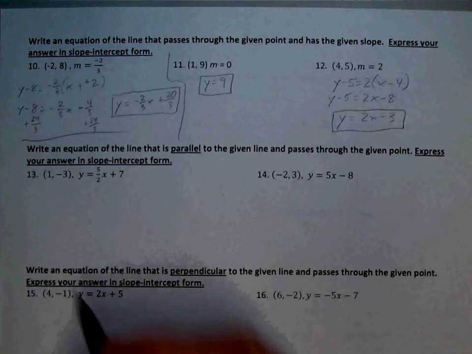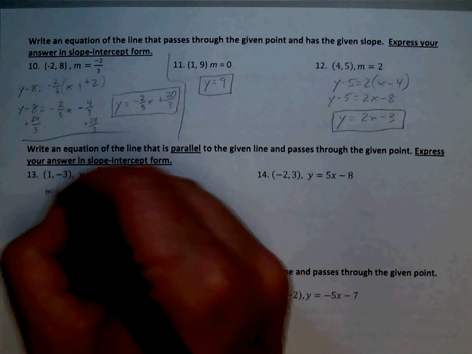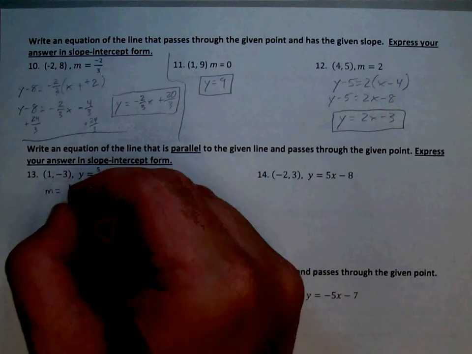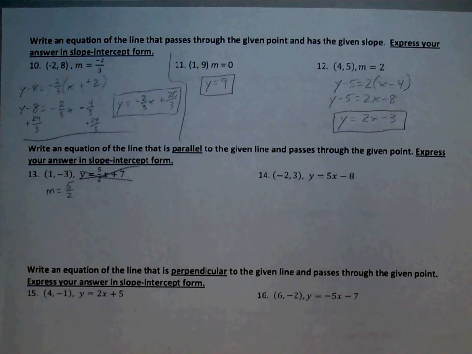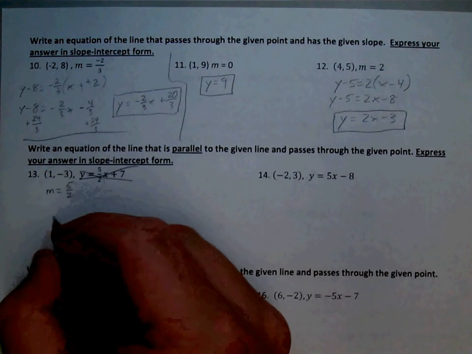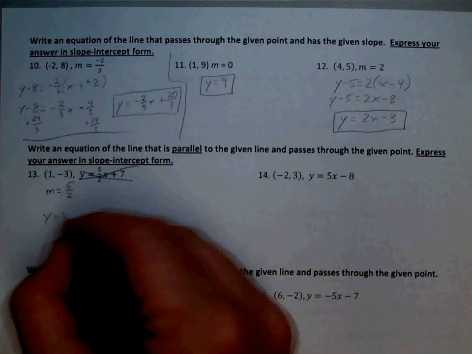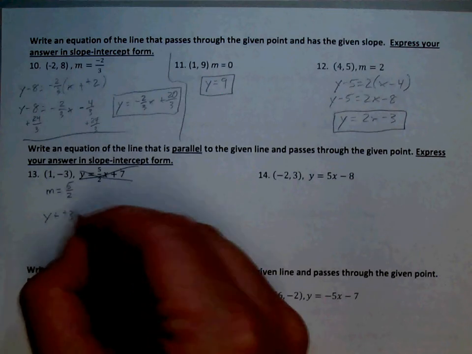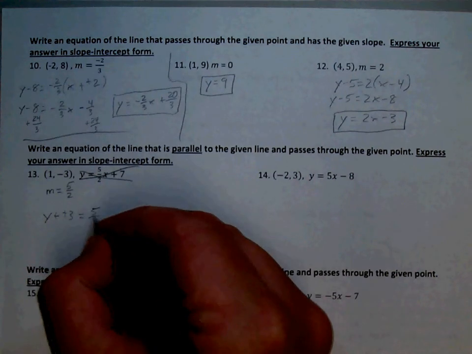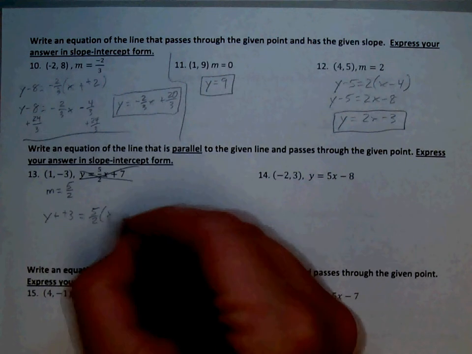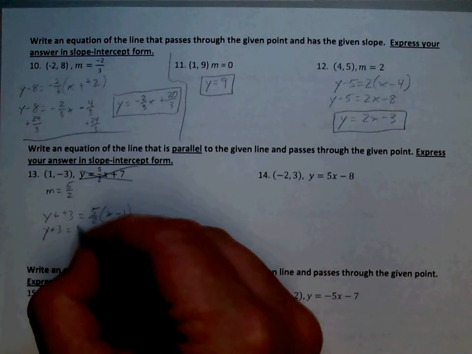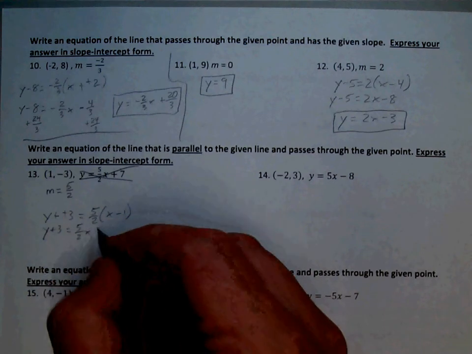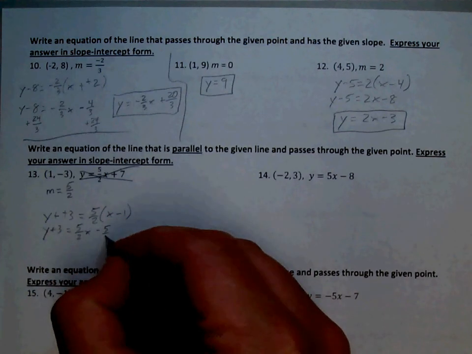Now number 13, we've got parallel lines. Parallel to that equation, so we have the same slope, so we're using a slope of 5/2. Don't use that equation for anything else. You now have a point and a slope, so it's like the last problems. Y minus negative 3, so y plus 3 is equal to 5 halves times x minus 1. Distribute, y plus 3 equals 5 halves x minus 5 halves.